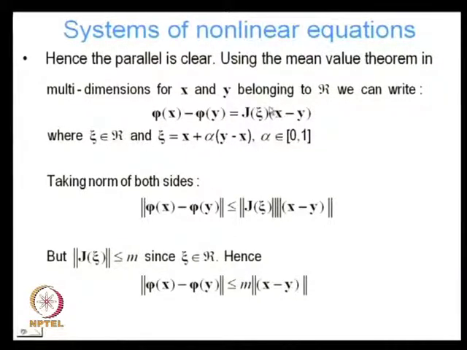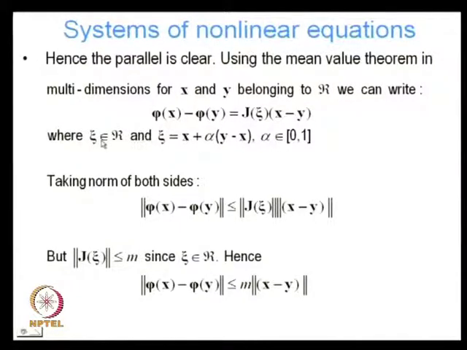Recall the parallel: phi of x, where x is a scalar, minus phi of y is equal to del phi by del x evaluated at xi times x minus y. That was my 1D mean value theorem. This is my multidimensional mean value theorem, where this is a vector valued function of a vector, that is a matrix, and that is again a vector.